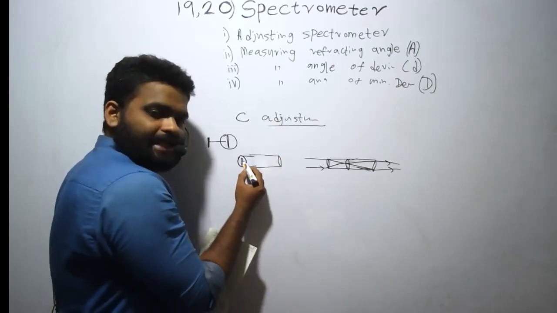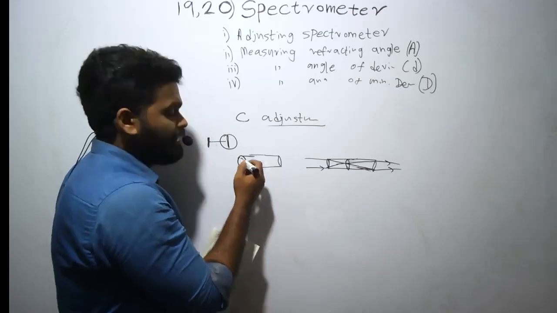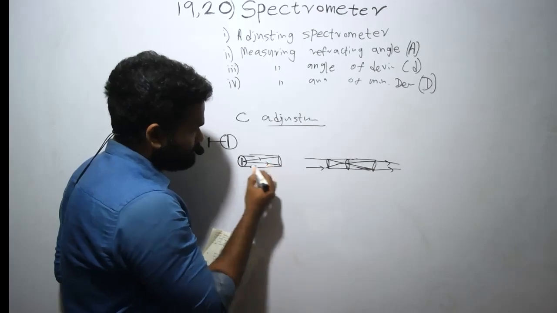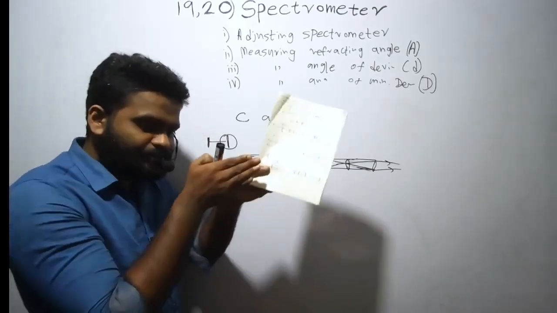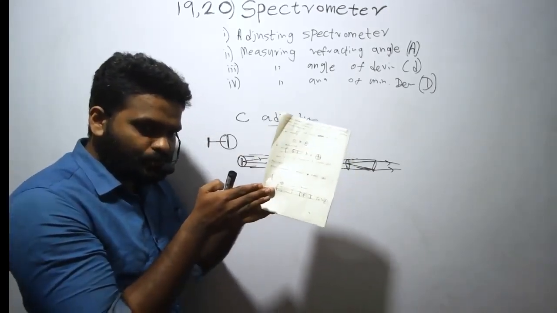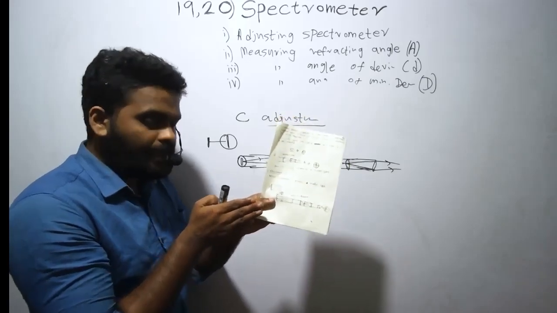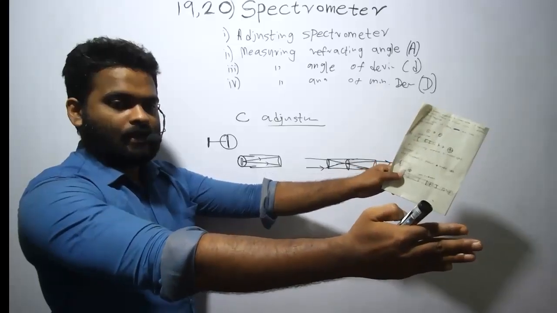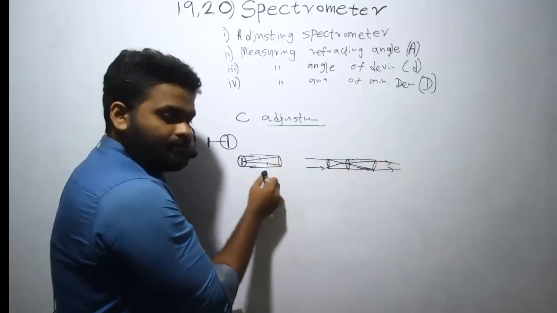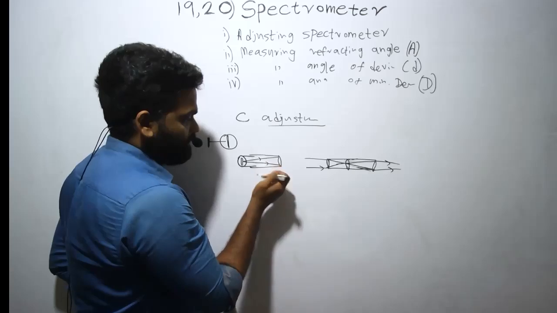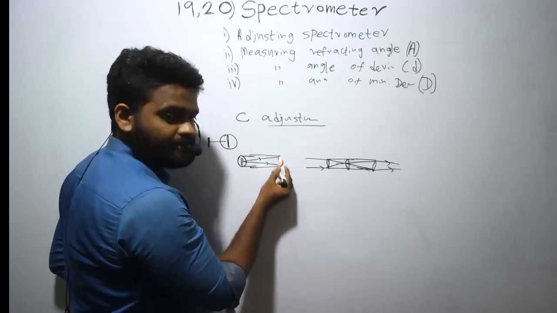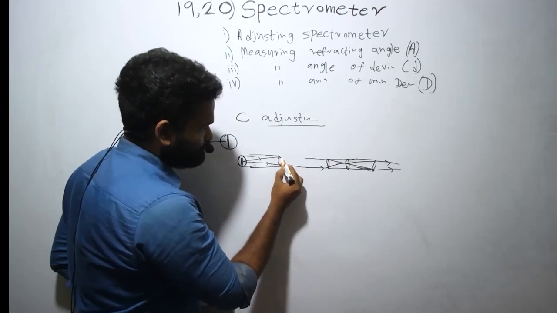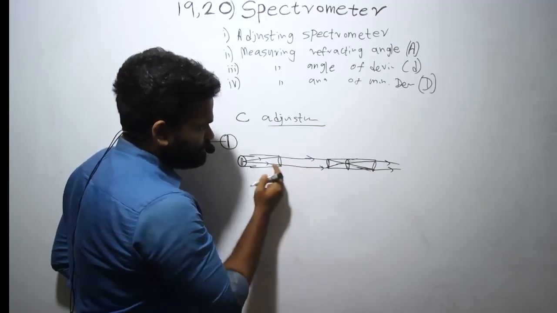So through this slit, a light beam comes like this. By changing the distance, if this is the focal length of this lens, you can produce parallel rays.